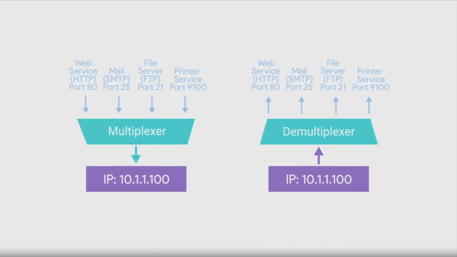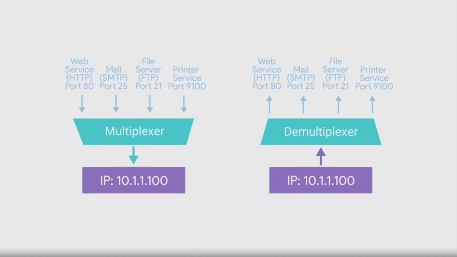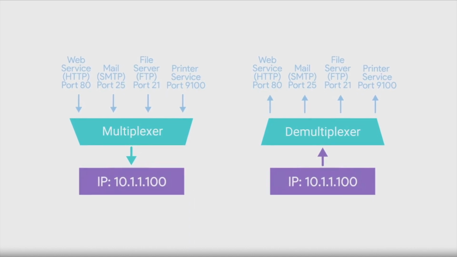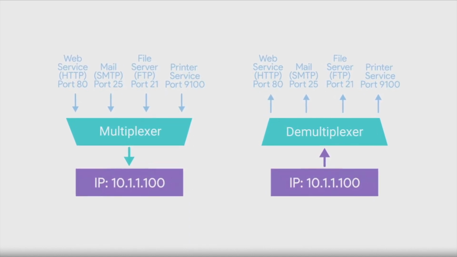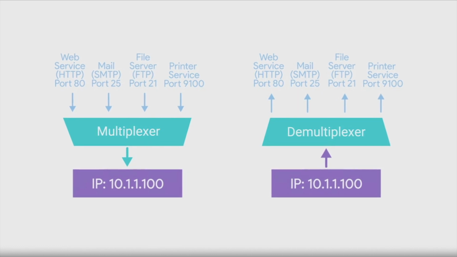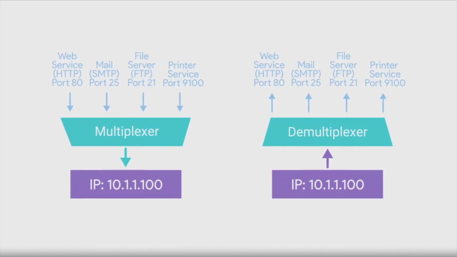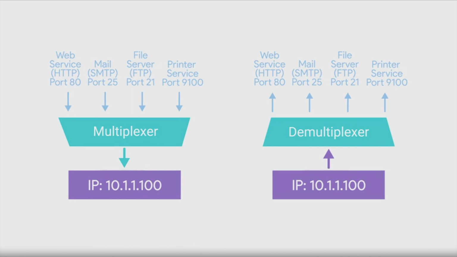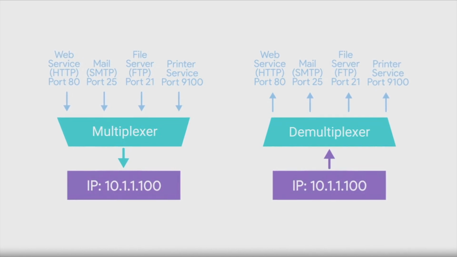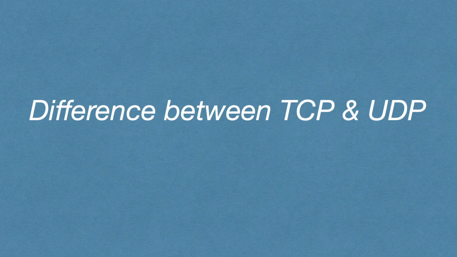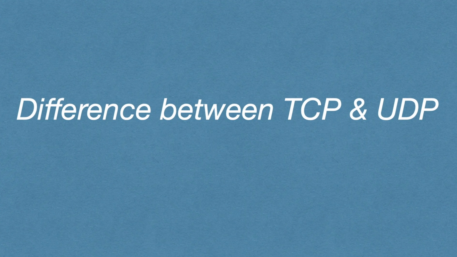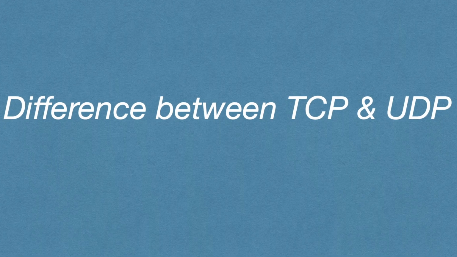For example, HTTP, the protocol for unencrypted web traffic, traditionally uses port 80. So, if you want to request a web page from a server at IP address 10.1.1.100, you direct traffic to 10.1.1.100 on port 80.